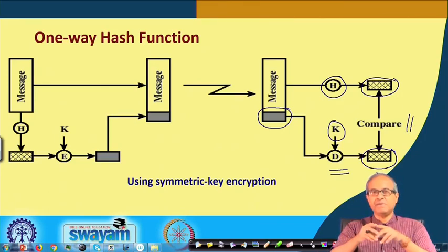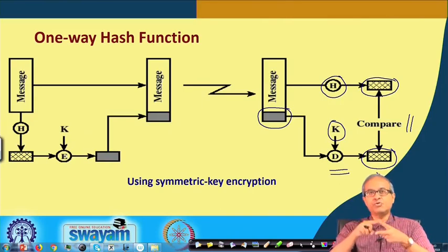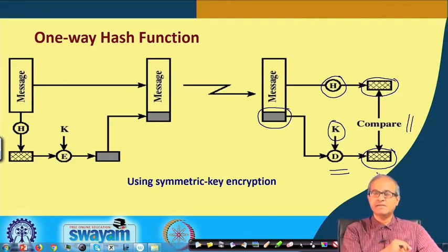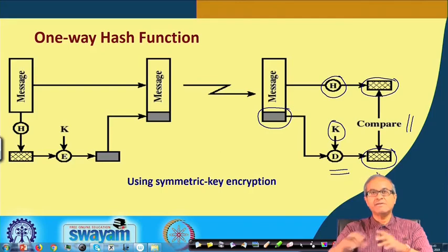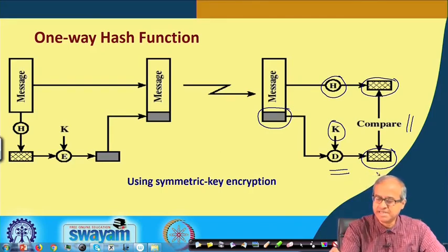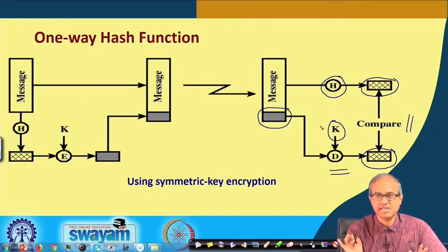Well, if these two are matching, we get two things together. One is of course, we can identify the sender, because only the secret key k was shared with the sender. Because we are able to verify, it must be the case that the same value of k was used. So, the sender has been authenticated.